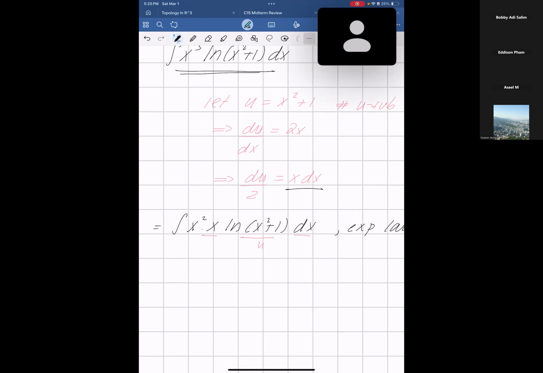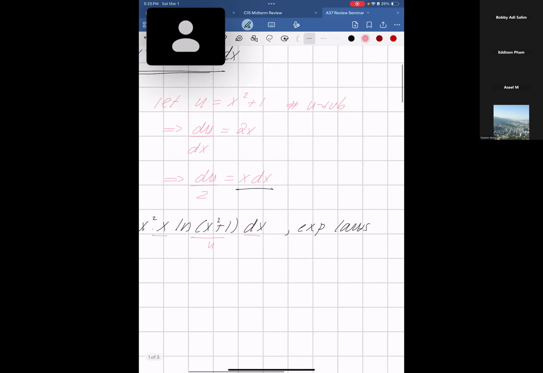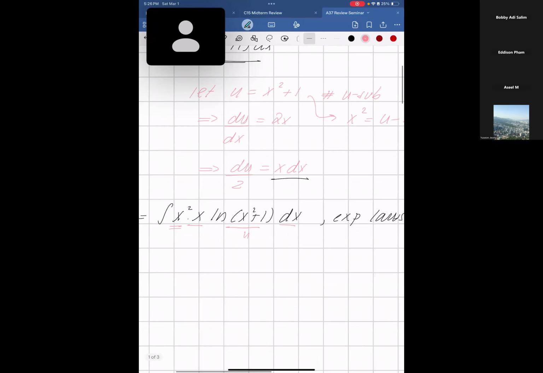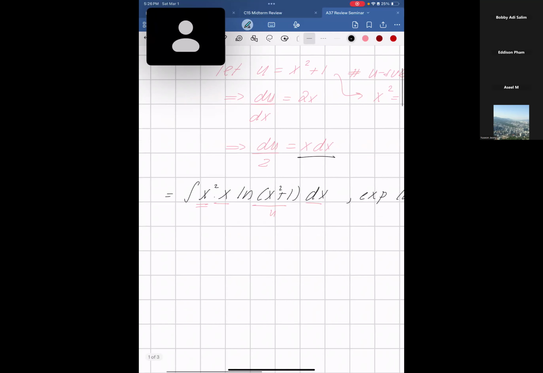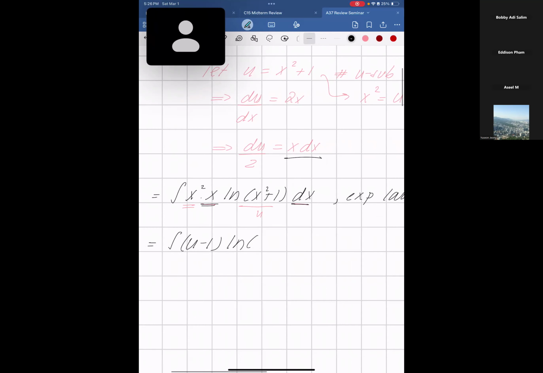And then you have the x squared, because here we said that u was x squared plus 1. So from here you get that x squared is just u minus 1. And then we have to substitute it into here because we do not want to mix variables when using substitution. That's the most important thing to remember when you're doing u sub. So you have u minus 1, and then the x and dx get absorbed into the du over 2, ln of u du.